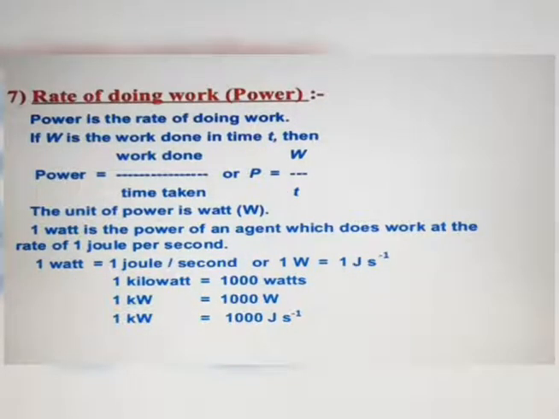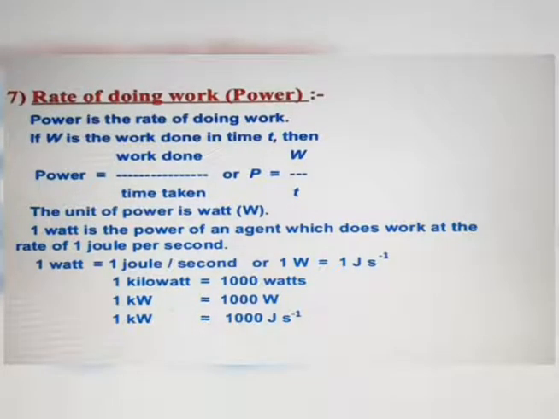Now we are going to learn about power. Power is the rate of doing work, or we can also define power as the work done per unit time. If W is the work done in time t, then power P will be given by W by t.